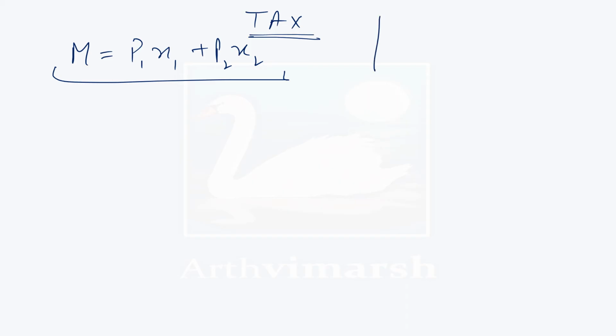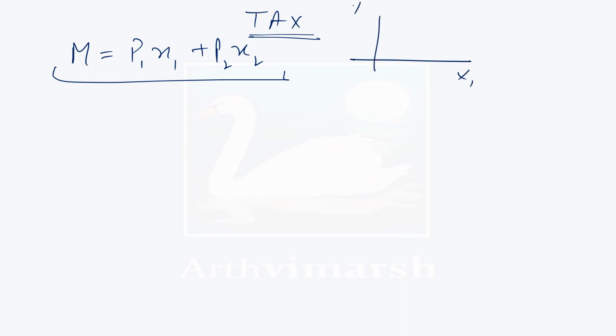Now in the final part of this chapter, we are given a small theme which is basically talking about tax, like how your tax reflects on the budget constraints. Obviously, as we have been discussing, we can represent our budget constraint with a price times quantity expression, especially for the two commodity case.